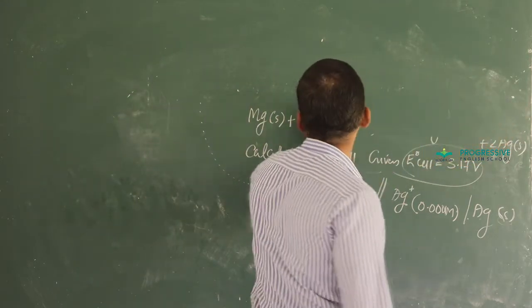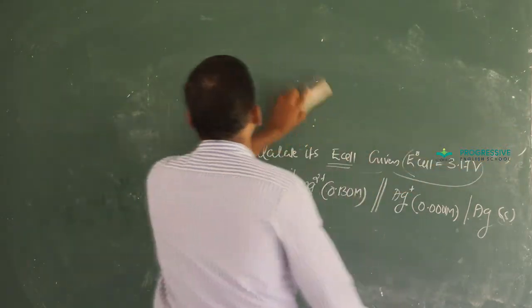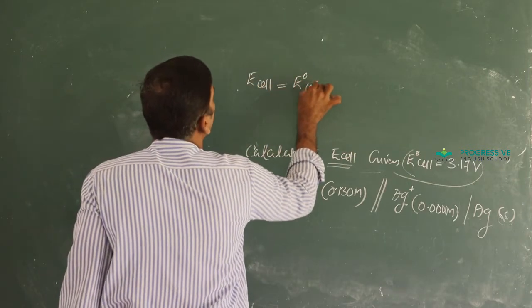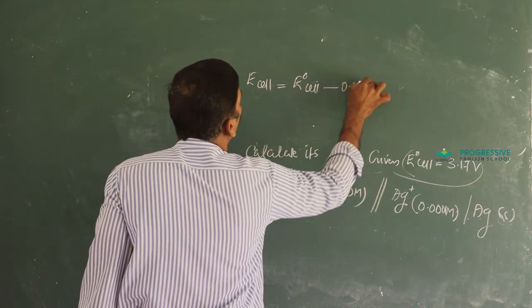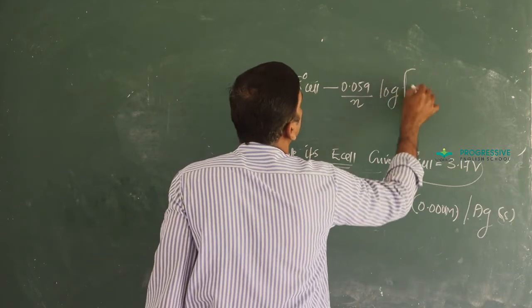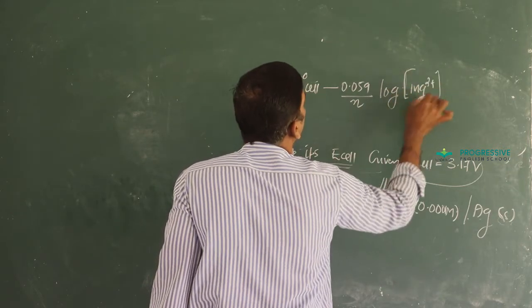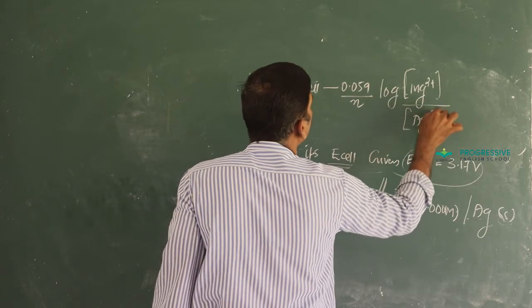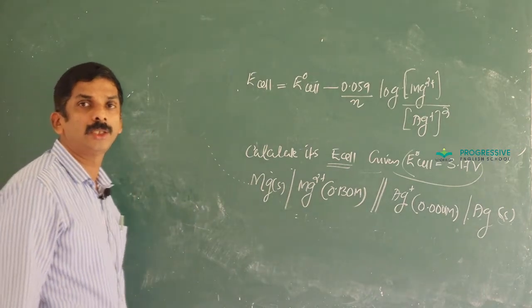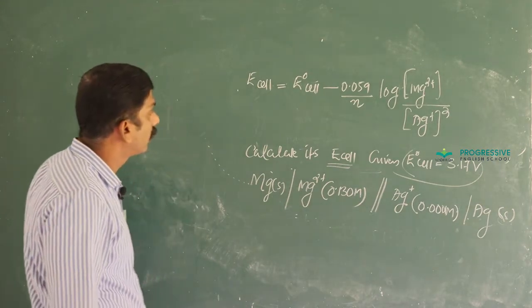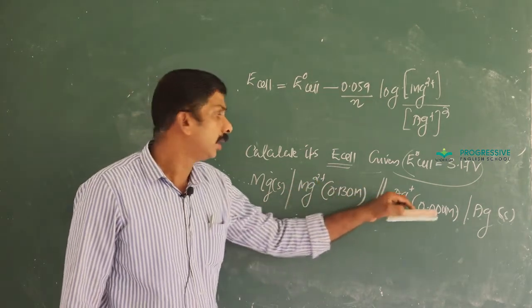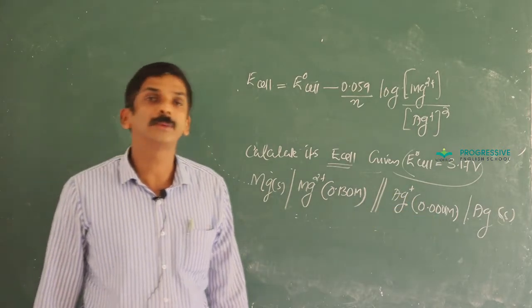As usual, first we write the equation, that is E cell equal to E0 cell minus 0.059 by n log of the concentration of Mg2 plus divided by Ag plus square. As in the previous case, here 2 electrons are involved. In order to equalize the number of electrons, this is multiplied by 2, that is the coefficient becomes 2.